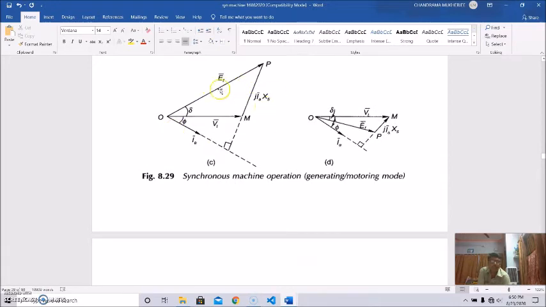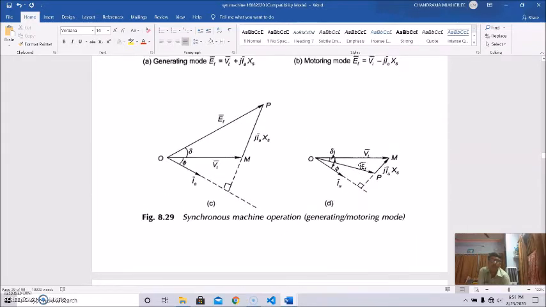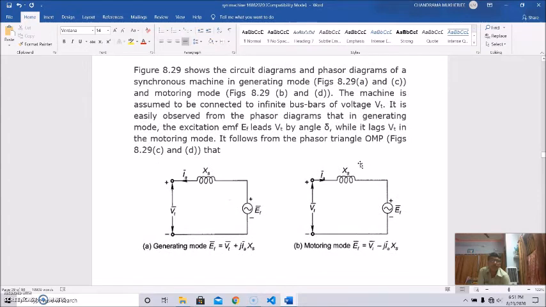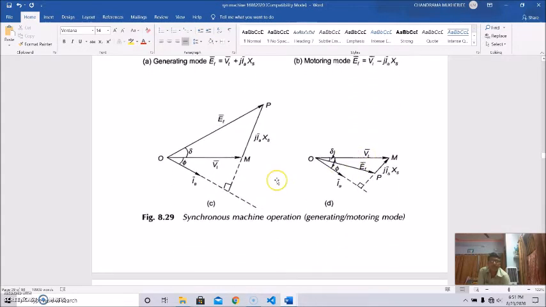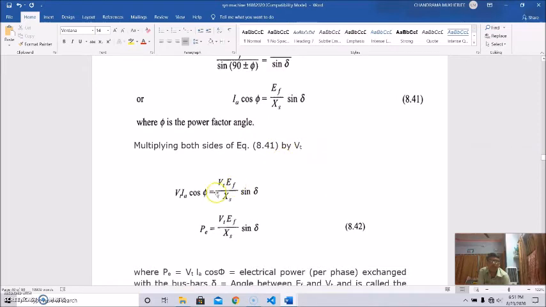So Ia cos phi equals EF by Xs times sine delta. If we multiply both sides by the terminal voltage, it will be Vt Ia cos phi equals Vt EF by Xs times sine delta.